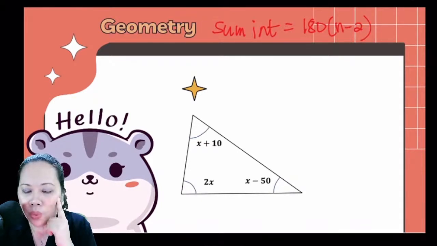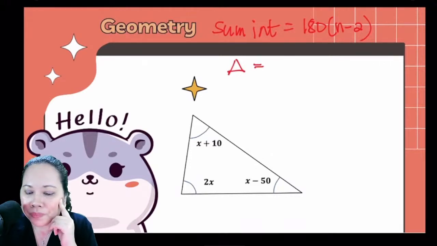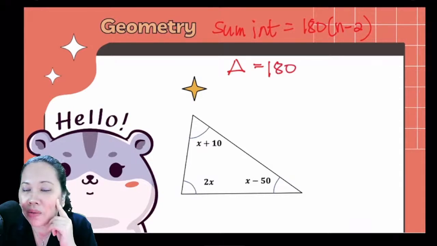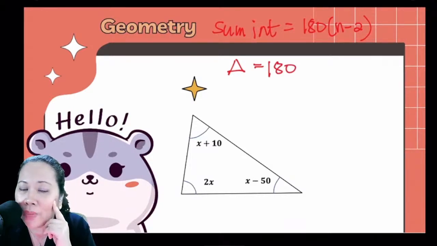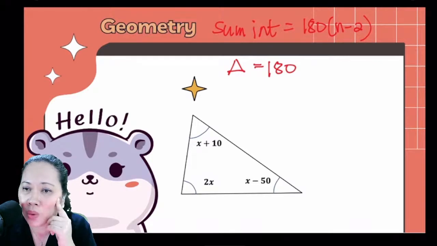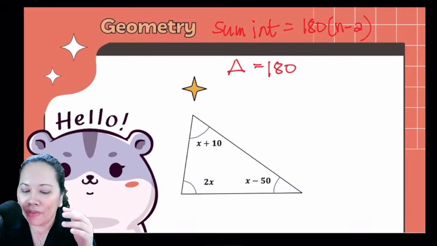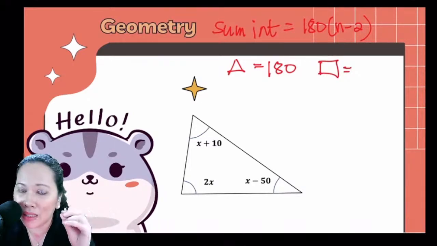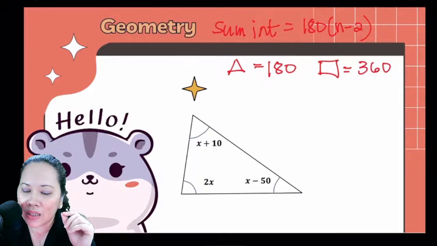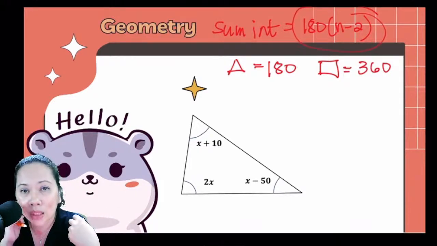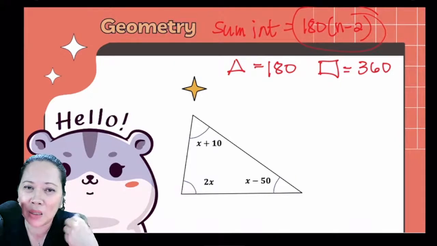If you have a three-sided polygon, like a triangle, 3 minus 2 is 1, times 180, so the sum of your interior angles will be 180. If you have a four-sided polygon, meaning 4 angles inside, this will be 360, and so forth, by using this formula, 180 times n minus 2.